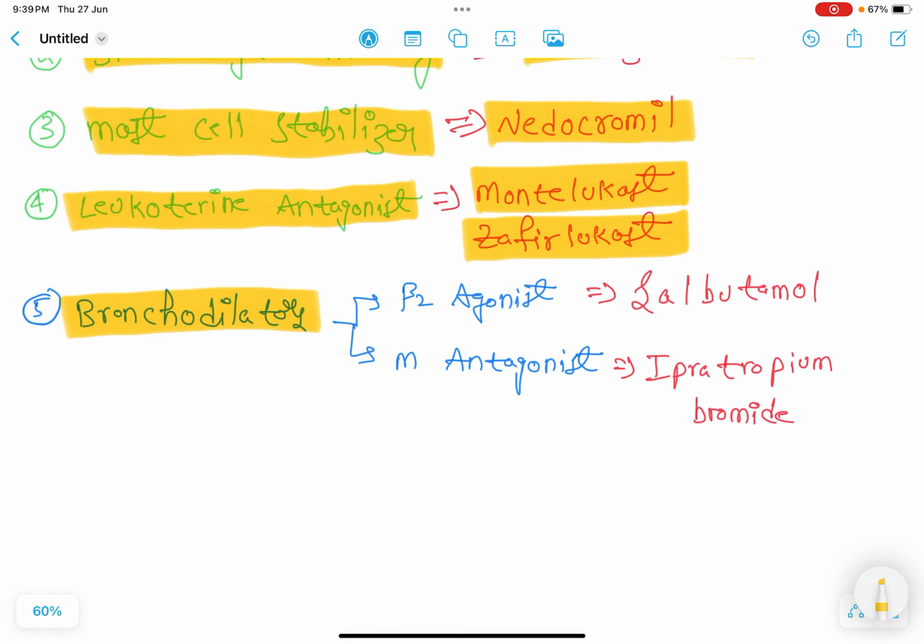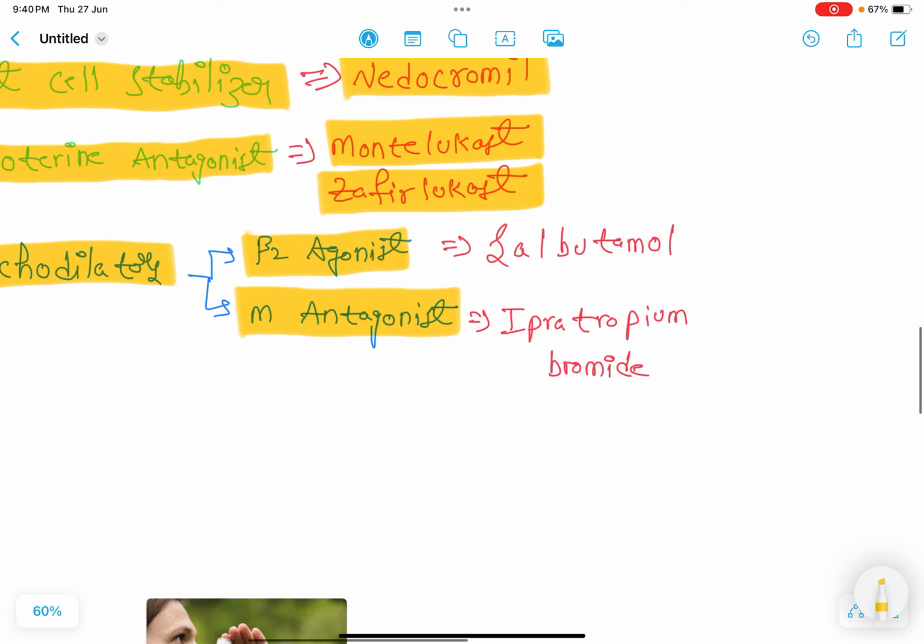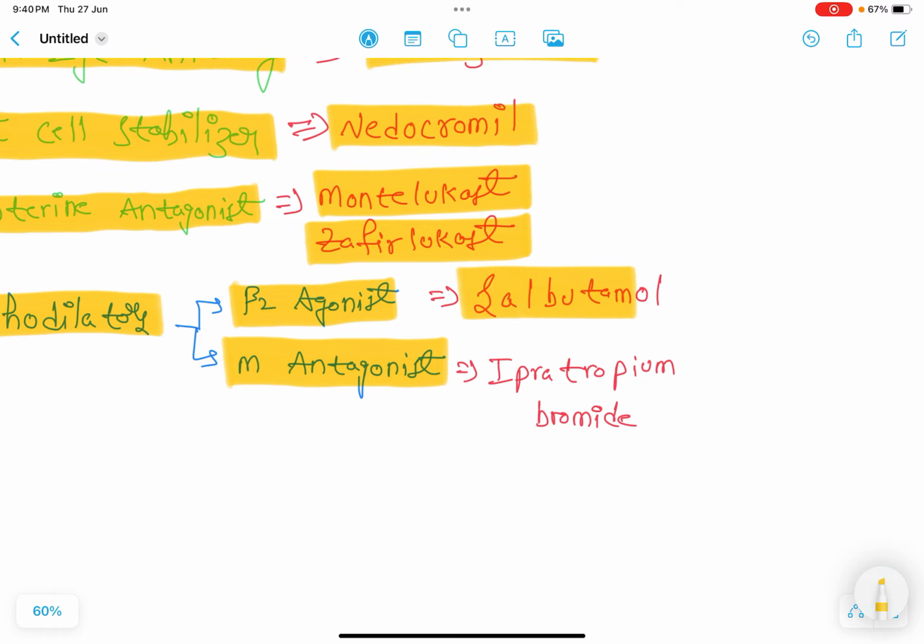We know that beta 2 activates the bronchioles. So we have to give the beta 2 agonist and we have to give muscarinic antagonist. The example of beta 2 agonist is salbutamol and the example of M antagonist is ipratropium bromide.